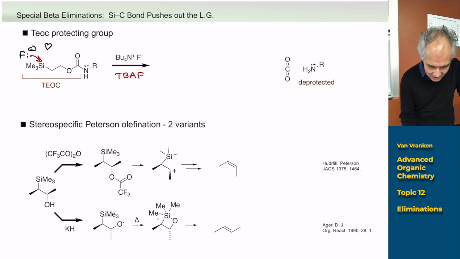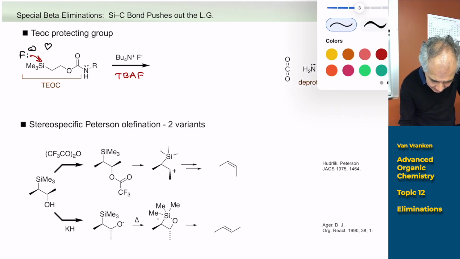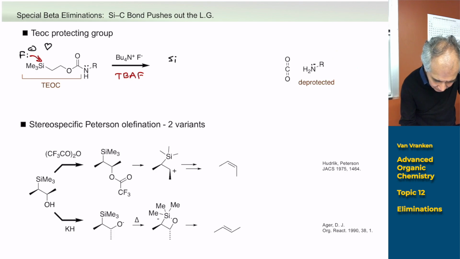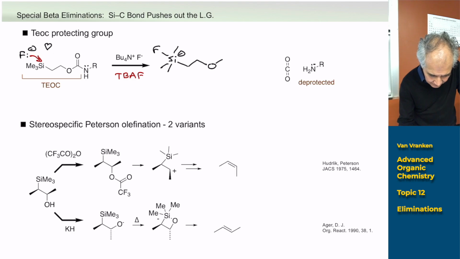So we have to buy HF in plastic bottles. So let me go ahead and draw out this amazing pentacoordinate silicon intermediate here with that marvelous silicon-fluorine bond. There's a siliconate with a negative charge. That's okay. Five bonds to silicon, no problem. And we still have this carbamate over here.